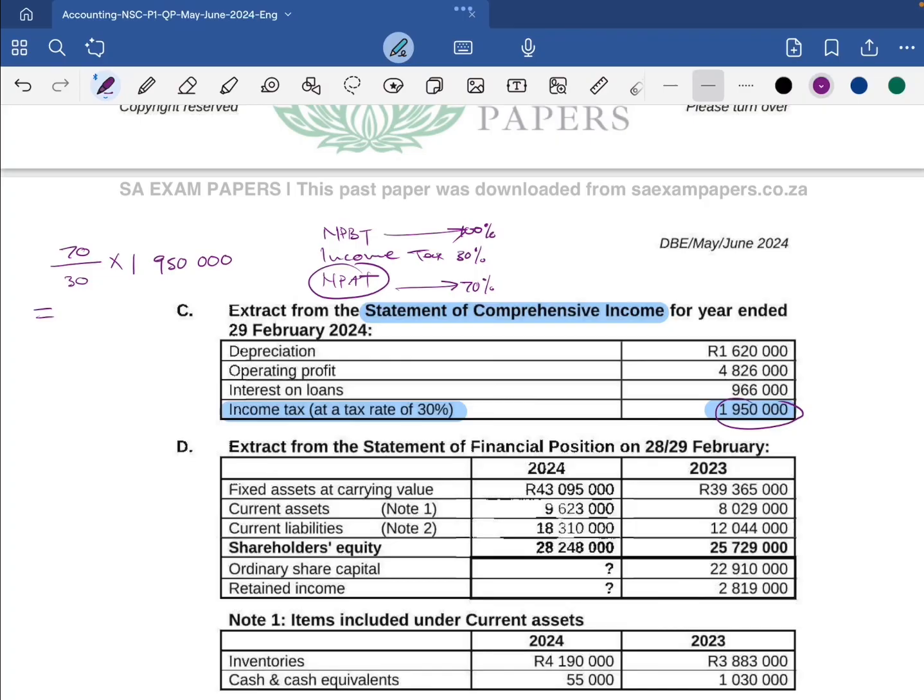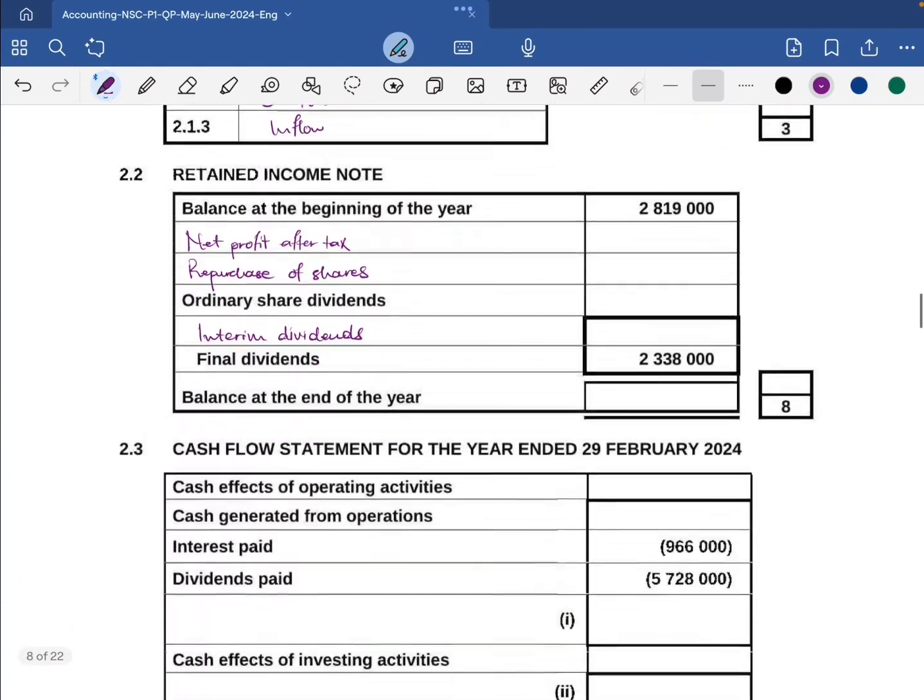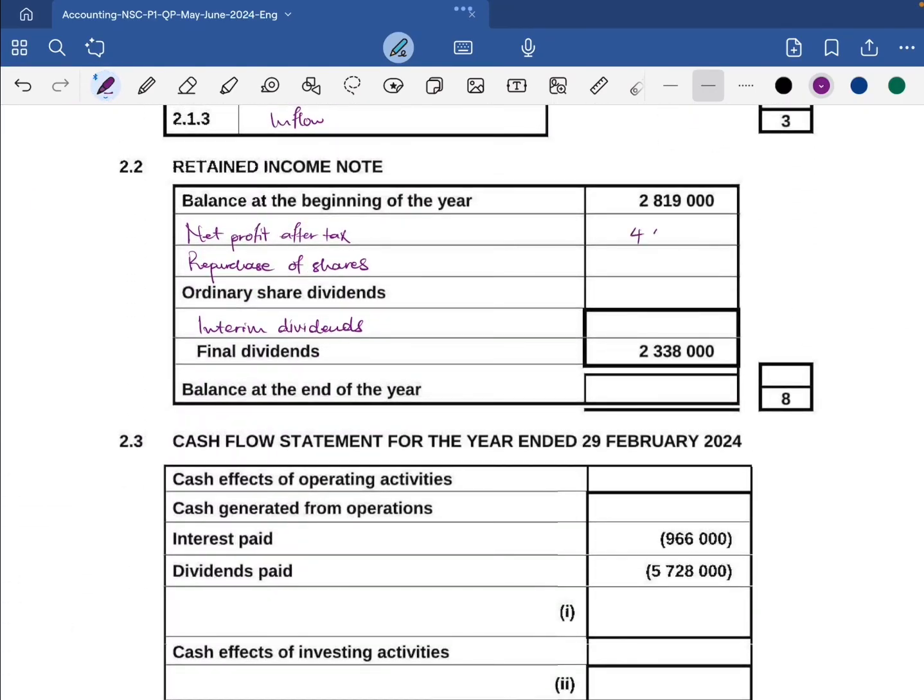Then let's quickly see what that will give us. That's 70 over 30 times 1,950,000, so that's 4,550,000. That's our net profit after tax. Okay, so it goes here, 4,550,000.